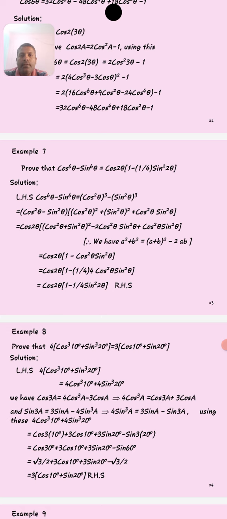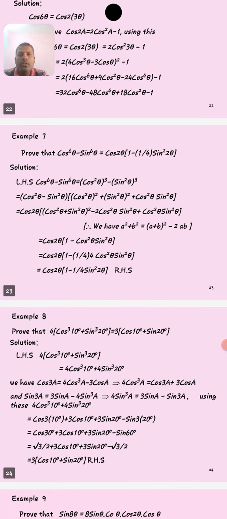Now cos square theta minus sin square theta is equal to what? Cos 2 theta. So we write cos 2 theta into ((cos square theta + sin square theta) whole square minus 2 cos square theta sin square theta plus cos square theta into sin square theta). We have a square plus b square is equal to (a + b) whole square minus 2ab. Now here cos 2 theta into (1 - cos square theta into sin square theta).